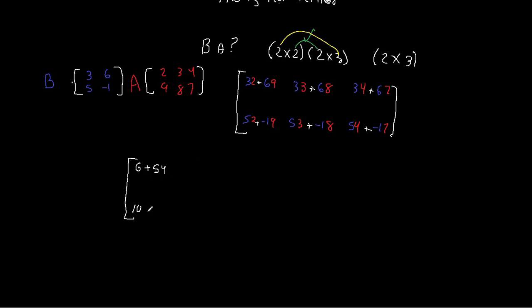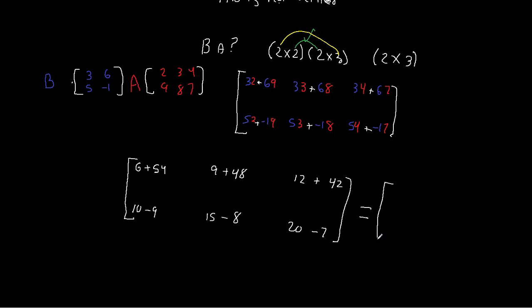Negative 1 times 9 is negative 9. 3 times 3 is 9, plus 6 times 8 is 36 plus 12 is 48. 5 times 3 is 15. Negative 1 times 8 is negative 8. 3 times 4 is 12. 6 times 7 is going to be 42. 5 times 4 is 20. Negative 1 times 7 is negative 7.